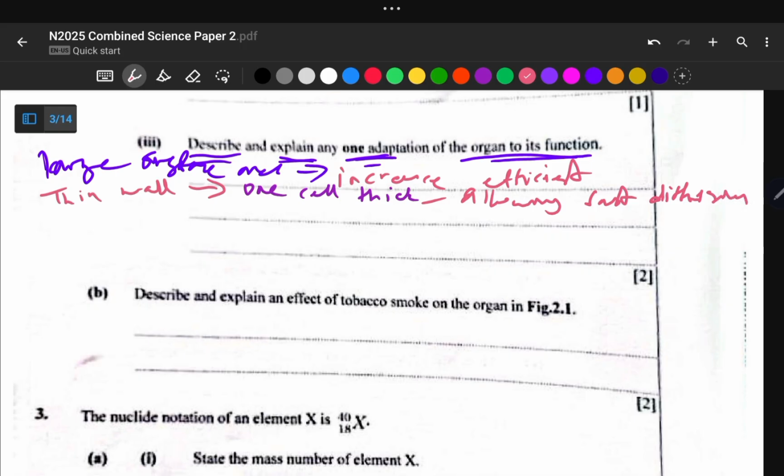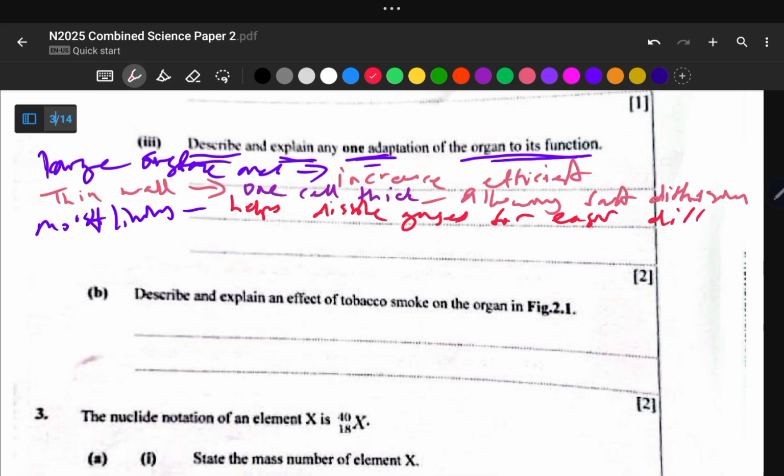And then we can say they have a moist lining, which aids faster diffusion of gases, for easy diffusion. Are we together?